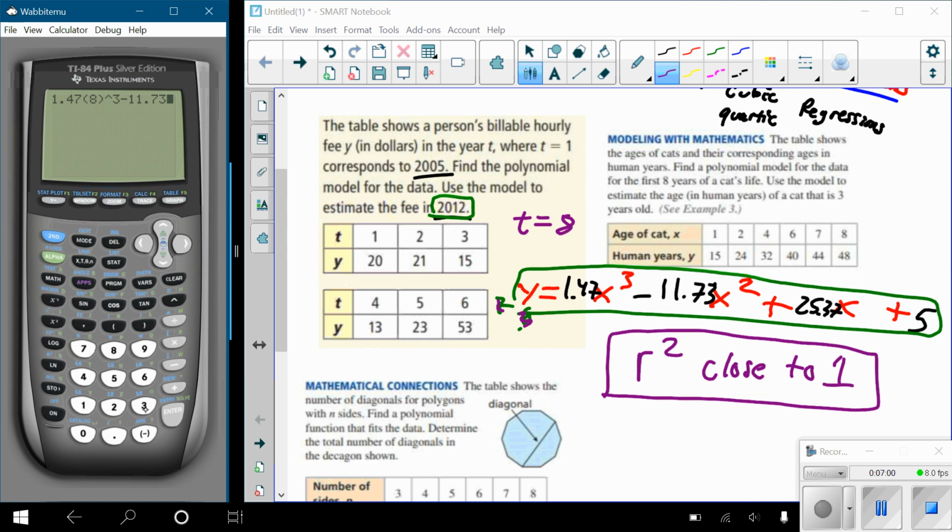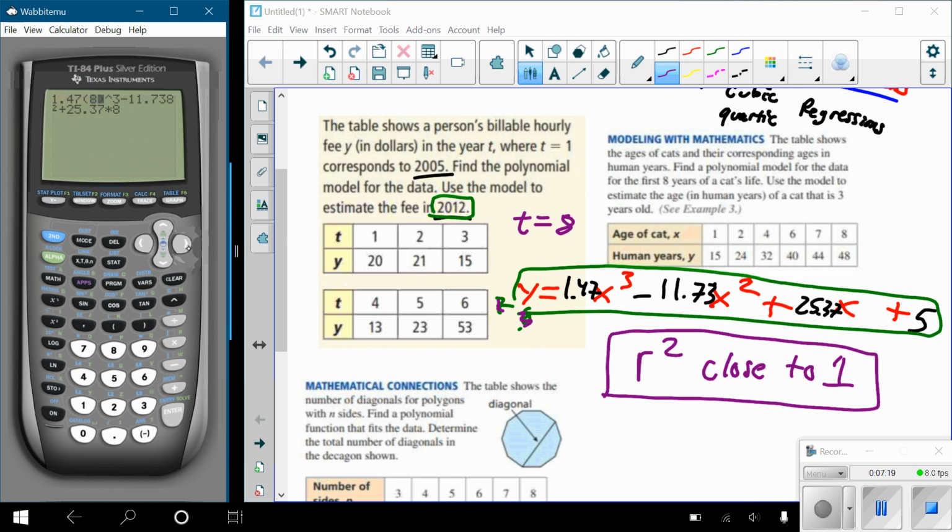X squared. That's 25. Oops, I don't want an X, I want an 8. My bad. Oops, and up here I forgot to put a times sign.